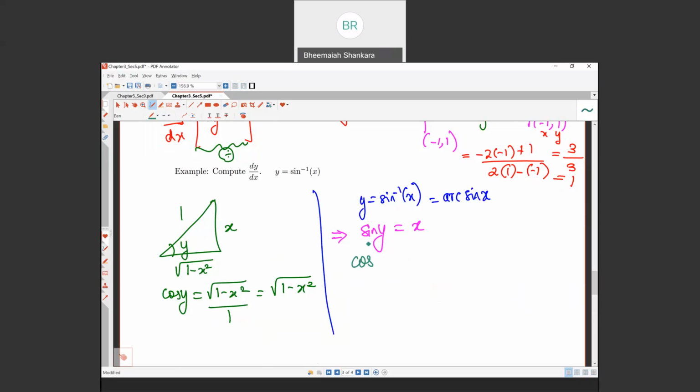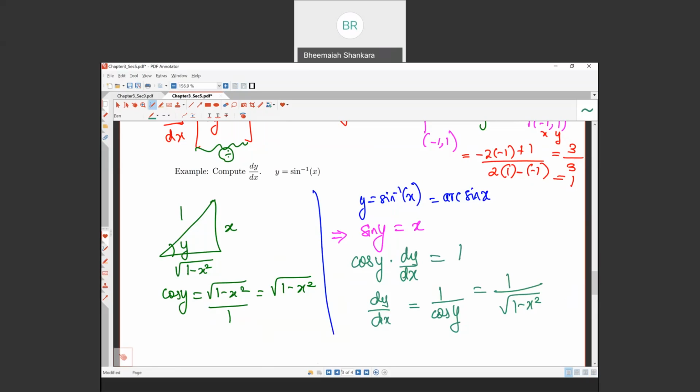Derivative of sine with respect to variable x is cosine y, dy over dx. Derivative of x with respect to x is 1. Then you have dy over dx equals 1 over cosine y, but cosine y is square root of 1 minus x squared. So the derivative of the given expression is 1 over square root of 1 minus x squared.